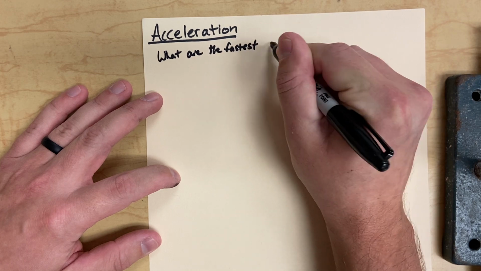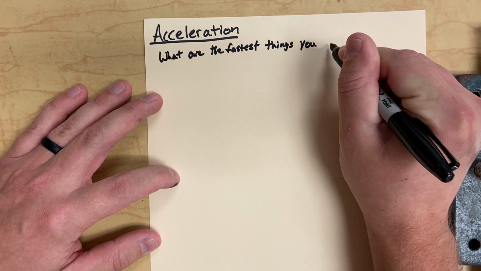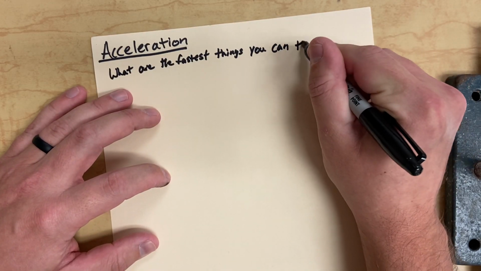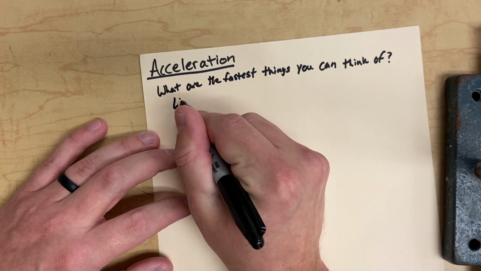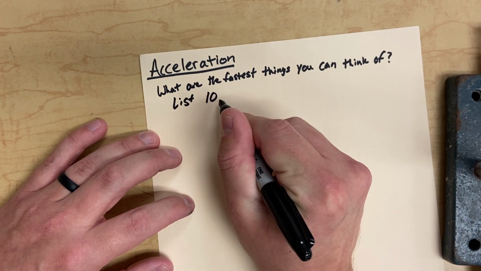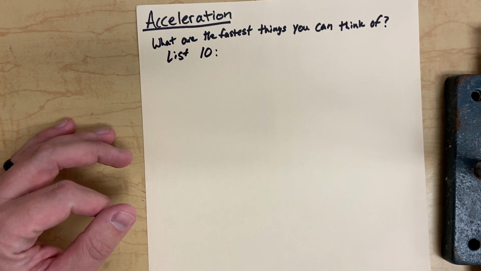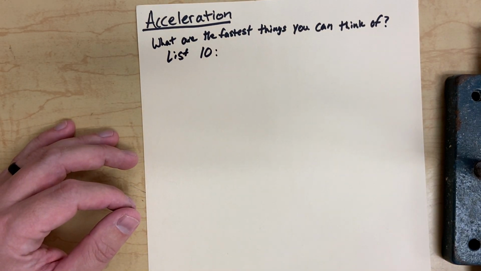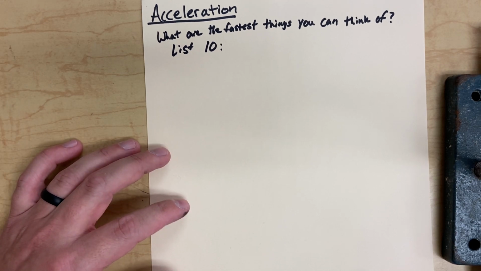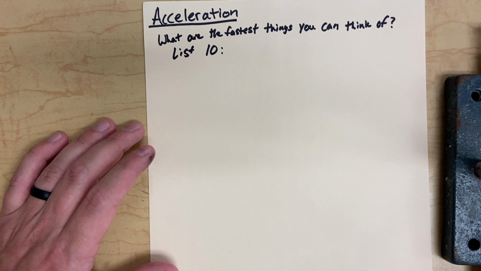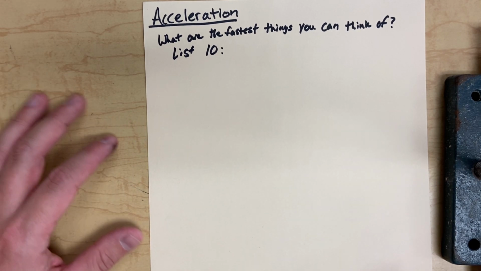Okay, as you list 10, take a second to pause the video and list out 10 things. It doesn't have to be in order of fastest to slowest or whatever. Just list 10 things that go really, really fast.